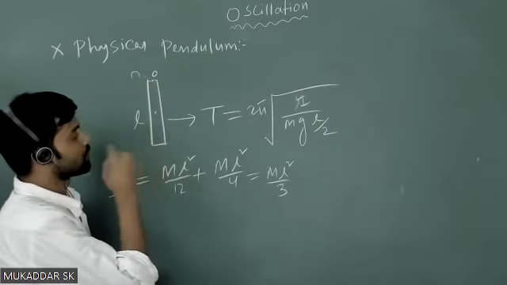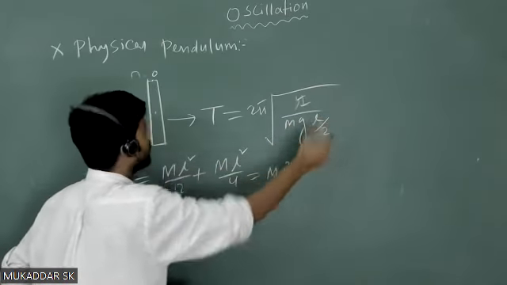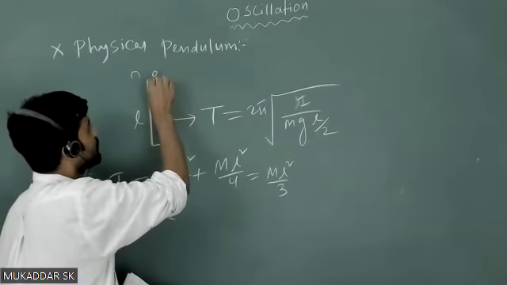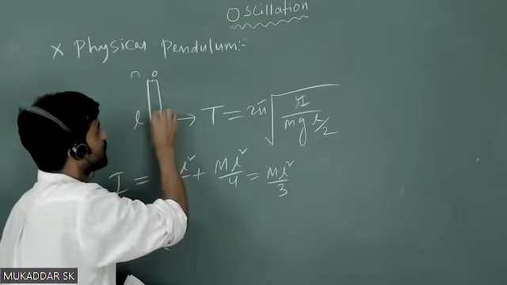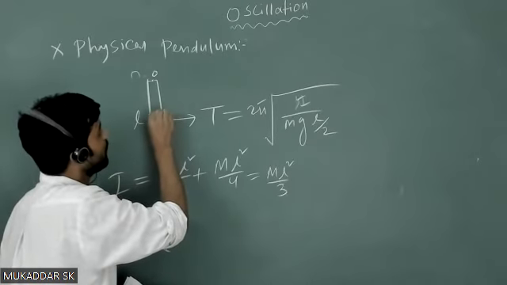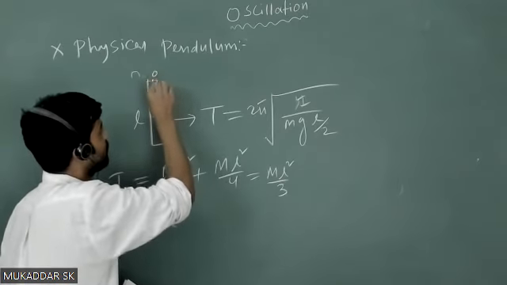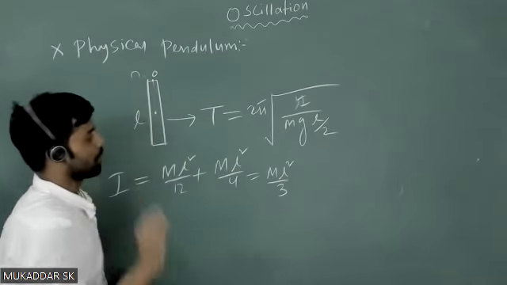So the concept is that L, whatever I have written, is the distance from the point of suspension to the center of gravity. The center of gravity of the rod will be at the middle, right? And the point of suspension is one end. So this distance will be L by 2.